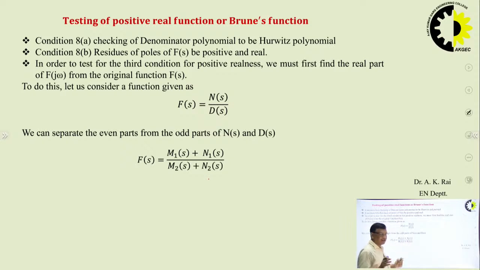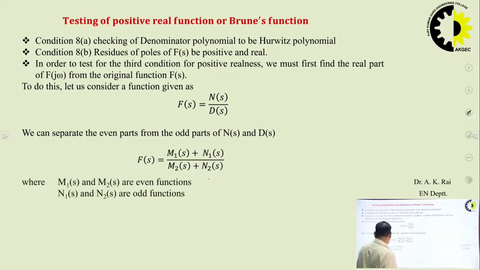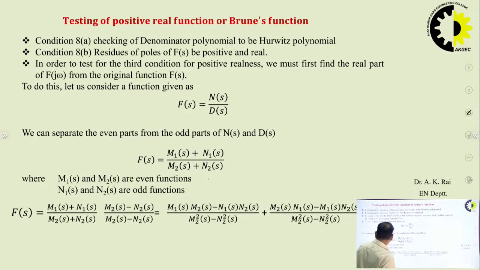Here m1(s) is the even part and n1(s) is the odd part of the numerator polynomial, whereas m2(s) is the even part and n2(s) is the odd part of the denominator polynomial.